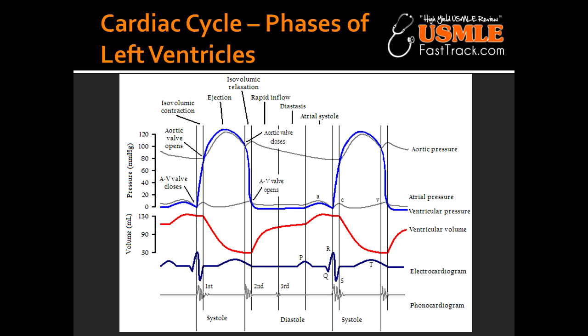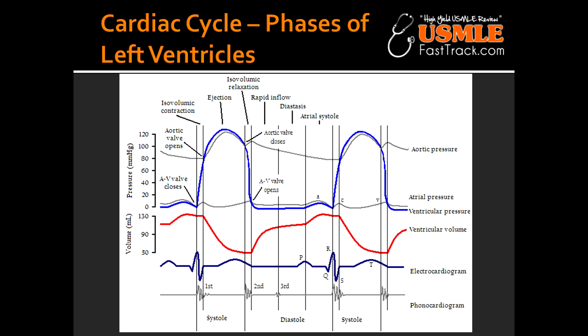Because of the isovolumetric contraction, the contraction of the ventricles is starting to happen, but the contraction hasn't got to a point where it causes the aortic valve to open. But eventually, once the pressure increases to about 80, according to the picture here, you will see that the aortic valve will then open.